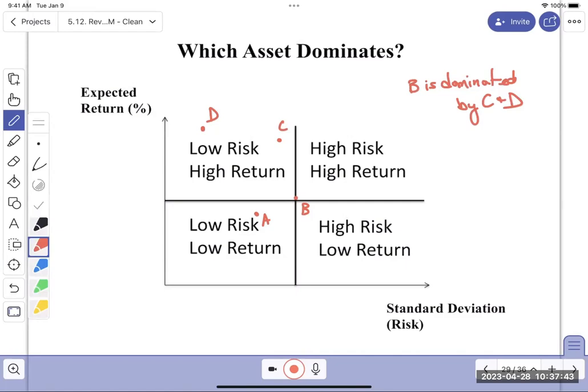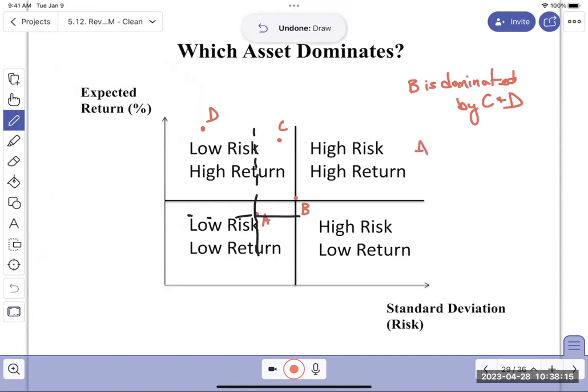Which dominate A? So I have to make the same sort of line through A, to create like an axis and look at which one is up and to the left. So D dominates A. Or I'll say it the way I did above.